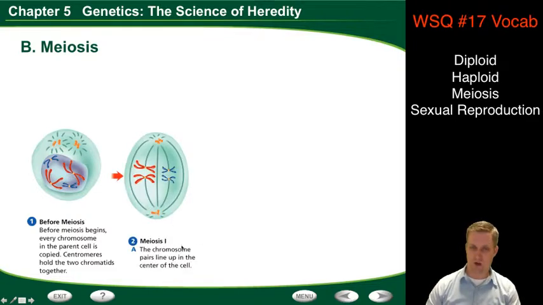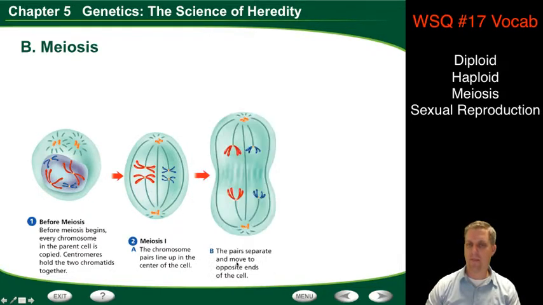Then in meiosis 1, step 2A, the chromosome pairs will line up, very similar to the metaphase we saw in mitosis. They'll line up at the center of the cell, and the pairs will separate and move. Now notice the difference: these pairs are not being split. So we're separating them, with one full set on one side and one full set on the other.